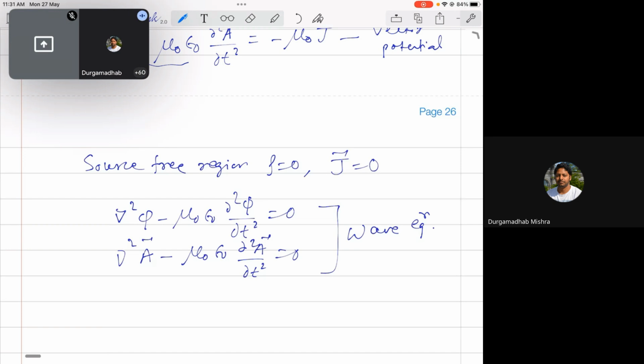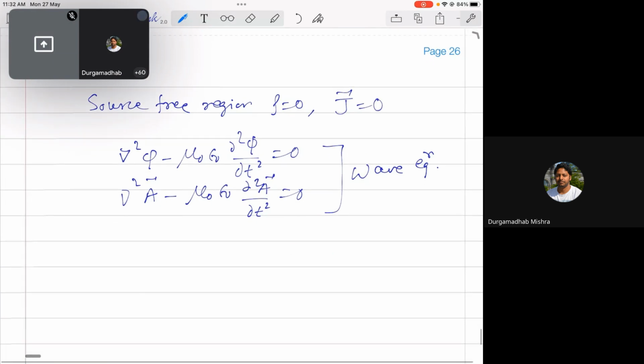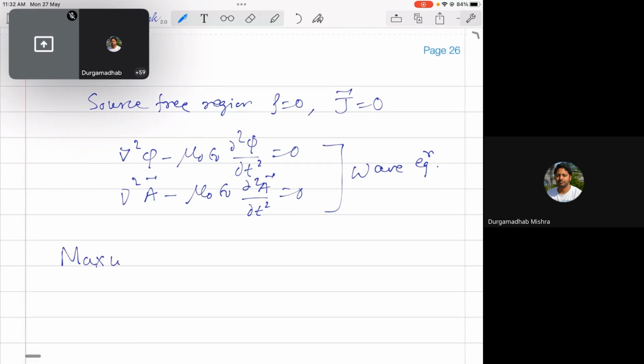We just have to add that information, and then we can write Maxwell's equations in a material medium.